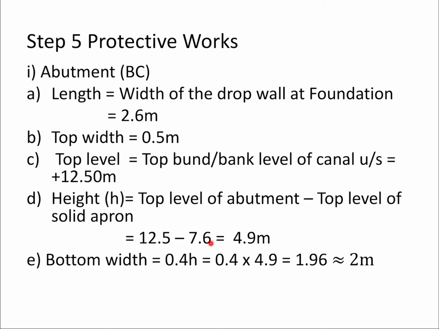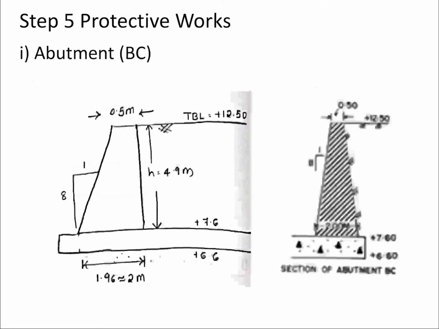So top level of solid apron we had found out as 7.6. So 12.5 minus 7.6 is equal to 4.9 meter. Bottom width equation is 0.4 H, where H is 4.9. So 0.4 into 4.9, 1.96 approximated as 2 meter. Okay. Here. This is the figure.